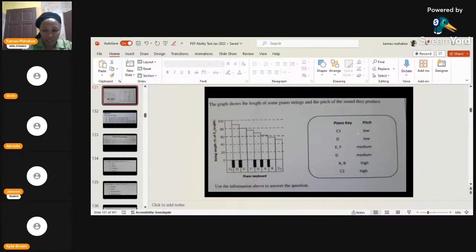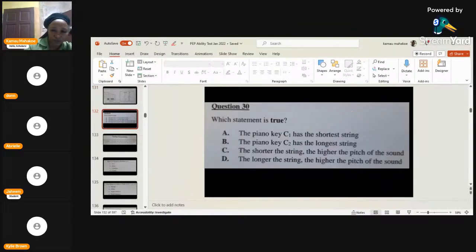They have a low pitch, and A, B, and C2 are short, and they have a high pitch. So what can we conclude? Which of these would we go with? Does piano C1 have the shortest string?